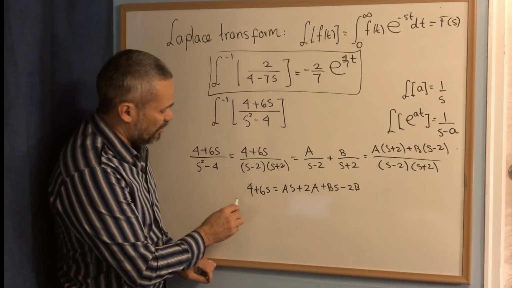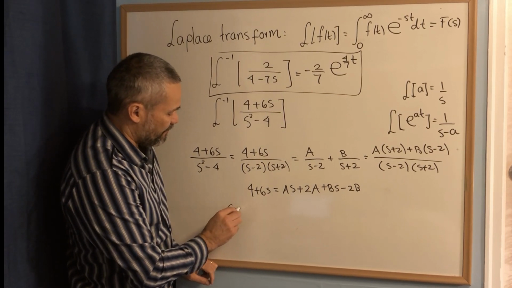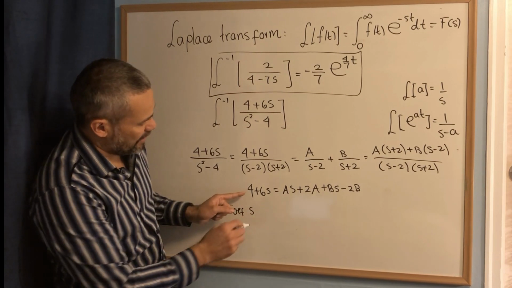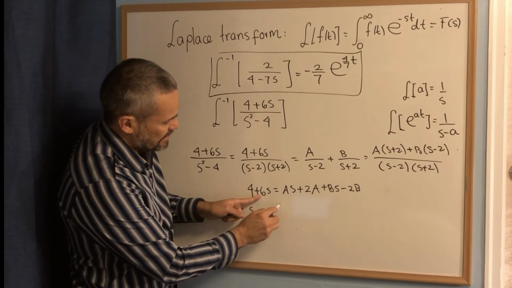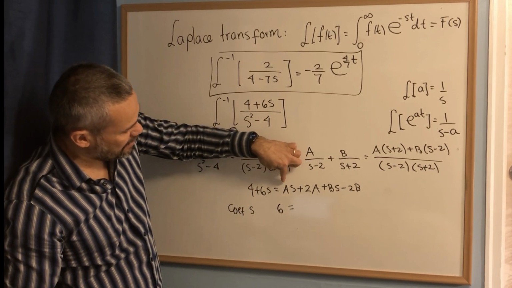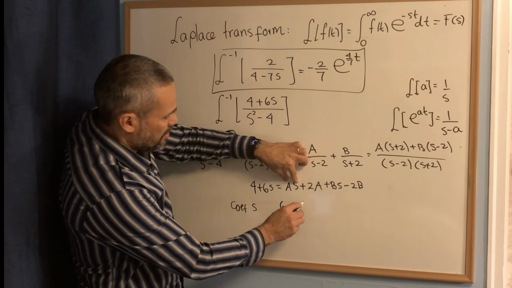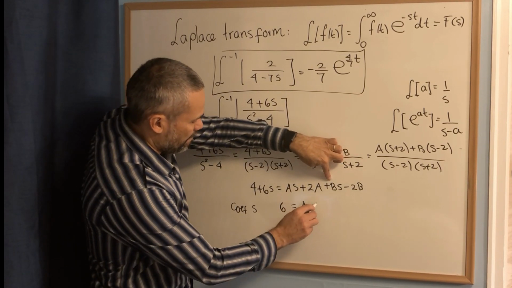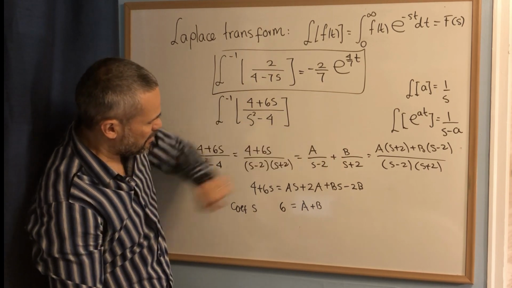Let's see, what is the coefficient of s on the left? On the left, the coefficient of s is 6. What is the coefficient of s on the right? We have here a plus b. Then this is it.